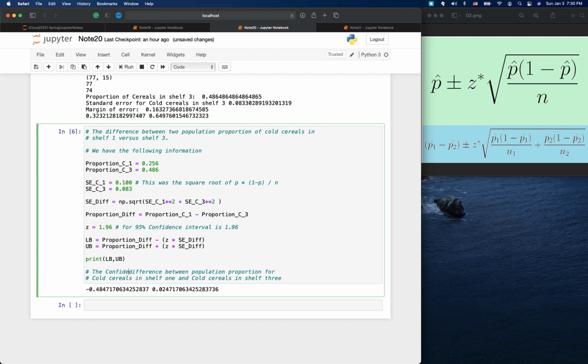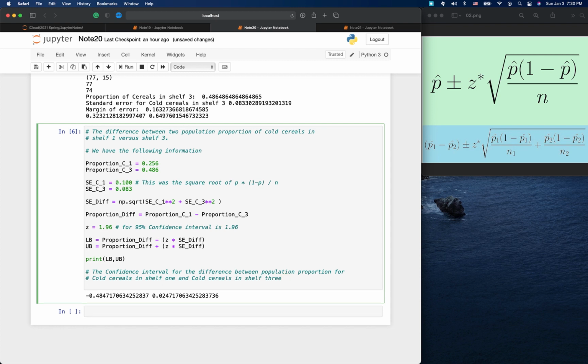Actually, the confidence interval for the difference between population proportion for cold cereal in shelf 1 and cold cereal in shelf 3 is actually this much to this much.